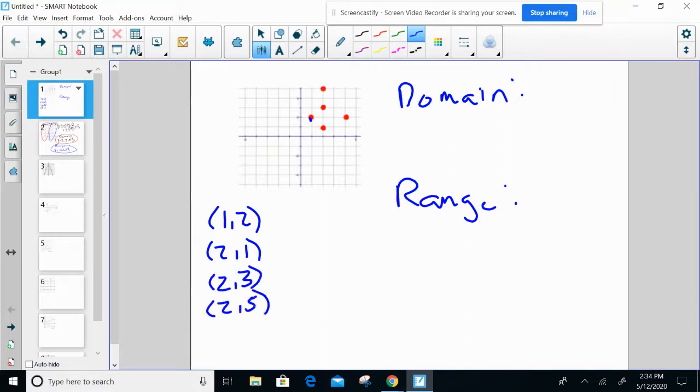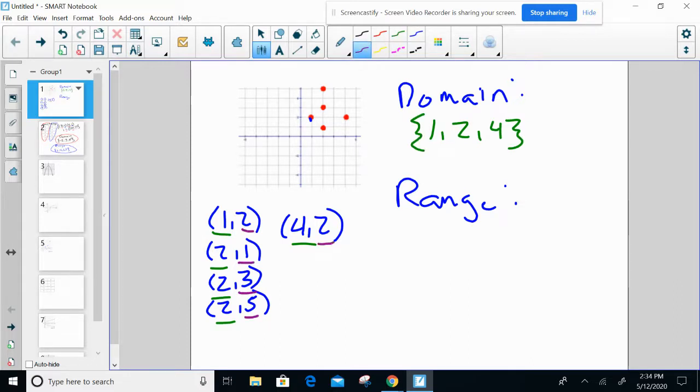You can just list out the points, and then this one would be 4, 2. It's just listing out the points, and then our domain is just all of the X's. 1, 2, 4. We don't need to repeat the 2's. Our range, boom, boom, boom, boom. Got 1, got to repeat 2, 3, and a 5.